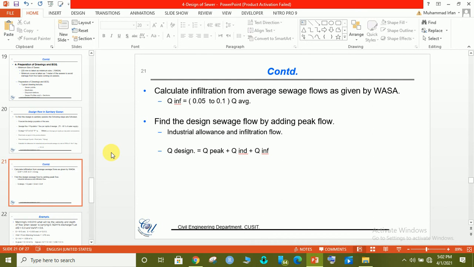Then the infiltration is 0.05 to 0.1 of Q average. As you can see in the previous example, 10% is the infiltration value. So you can take 0.1 of Q average as the Q infiltration. So the design flow is the Q peak plus the Q industrial plus the Q infiltration.